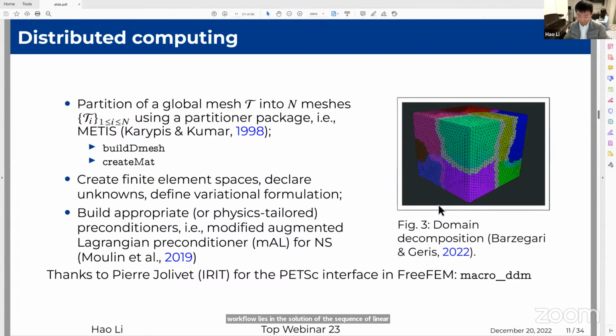So here we use an open source FEA software, FreeFEM, and this parallel framework, macroDDM, which provides multiple high-level FreeFEM macros that one can call in a script at different steps. For example, for distributing a mesh, for performing parallel finite element interpolation, or to export solutions in a distributed fashion. We thank our French colleague, Professor Pierre Jolivet, for the PETSc interface in FreeFEM.